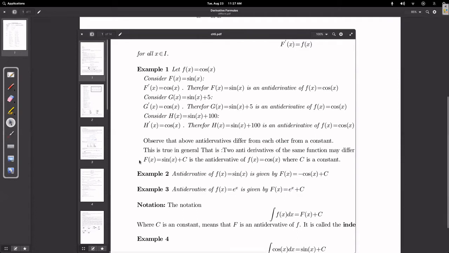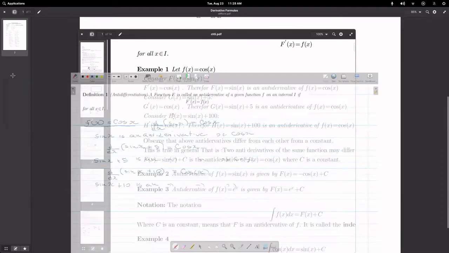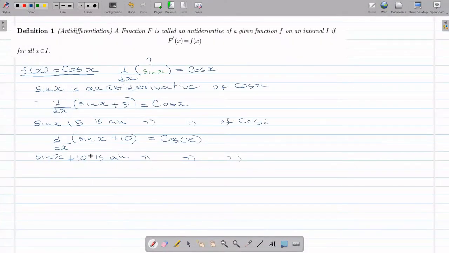Okay. So in general, I can say the antiderivative of cos x is of the form sin x plus c. This c can be any constant.